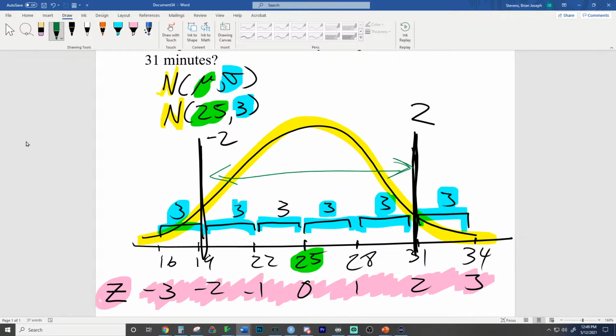Who knows the number from the 68? 99.7. I skipped a number on purpose. 68, something, something, 99.7. What number am I missing?